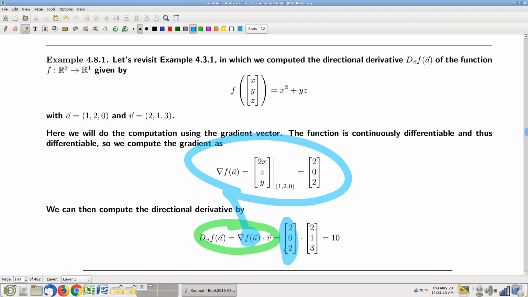Dot product that with your velocity vector. And there's that 10 that y'all may recall from when we did this example in 4.3. So morally, is this any different from using the Jacobian matrix? Not really. The main difference, if we did this with a Jacobian matrix, is that instead of writing this funny little symbol, I'd write a J, and this would be a subscript.